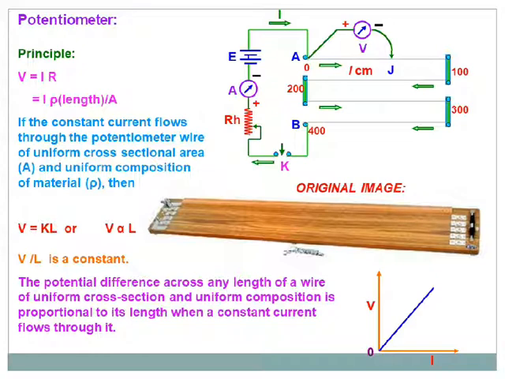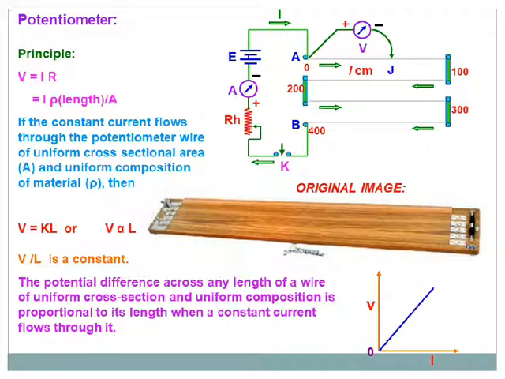So as an example, we can say when I am touching the jockey at distance 100 centimeter, if the voltmeter is showing 5 volt, then if I touch the jockey at point 150, the voltmeter is showing 7 volt. If I am touching the jockey at point 250, then it will be showing 14 volt.